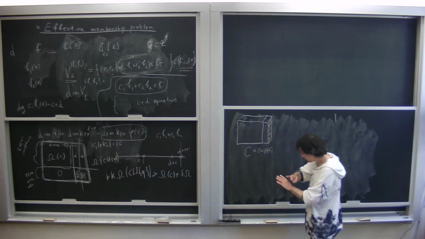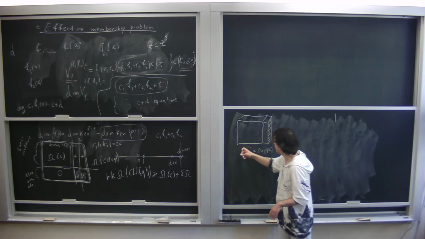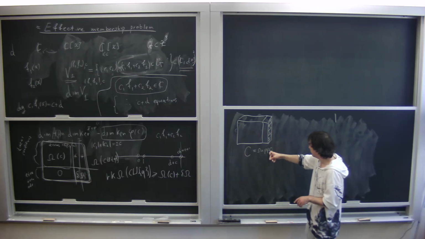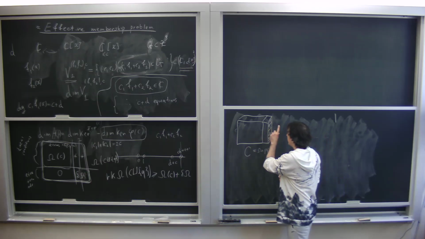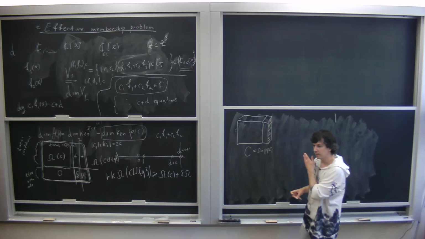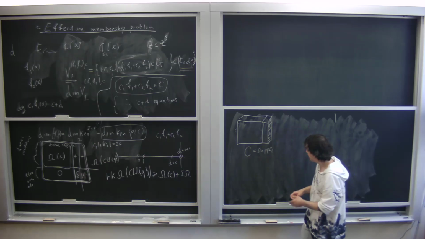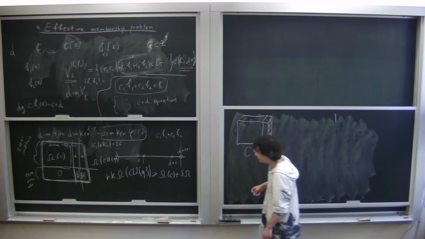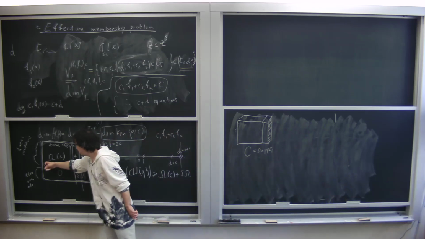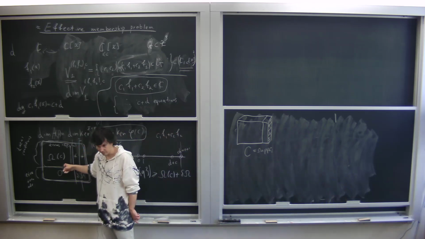So just give me extra 2 minutes. I know I have already been holding you too much. So let's say we add an extra facet to the support of C. What is going to happen here? Omega of C is not changing.